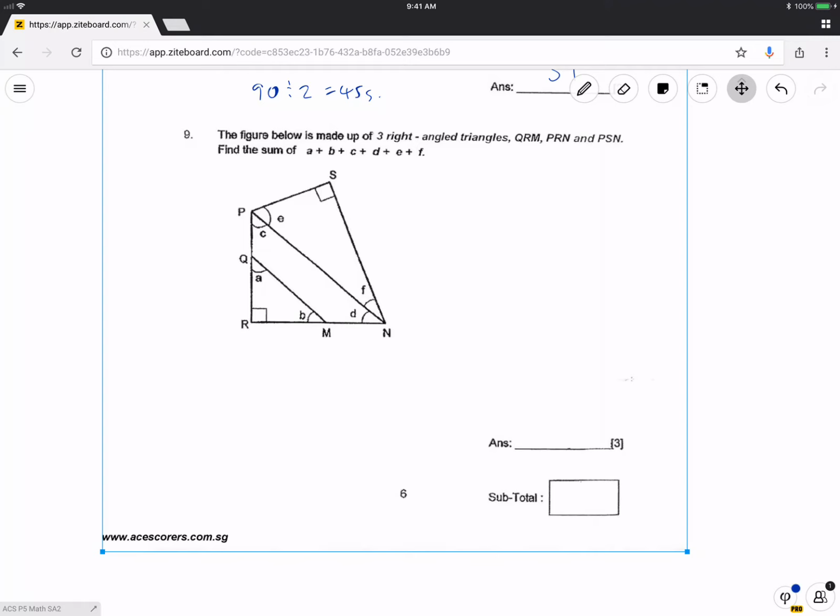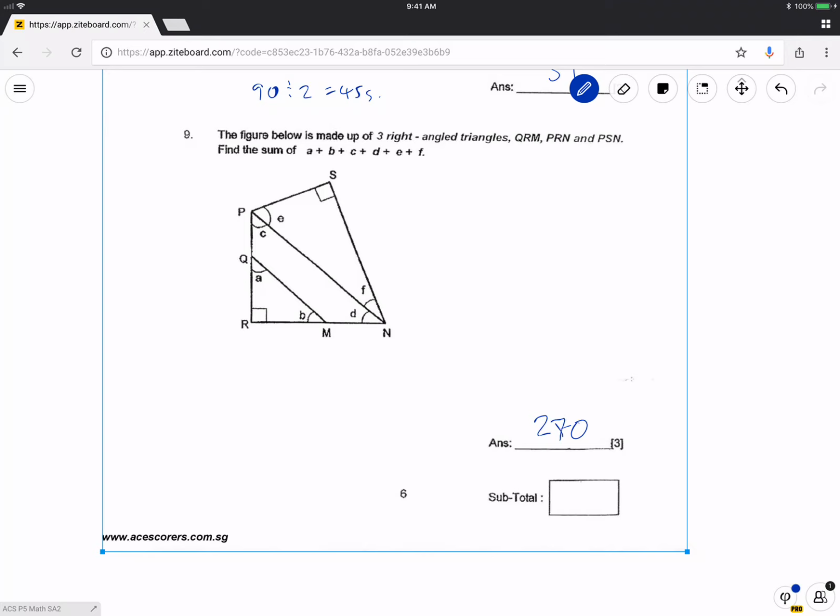Q, R, M, P, R, N, and P, S, N. So all 90 degrees. 90, 90, 90. So A, B, C, D. I know A plus B is 90. E plus F is also 90. How about C plus D? C plus D is also 90. 270.